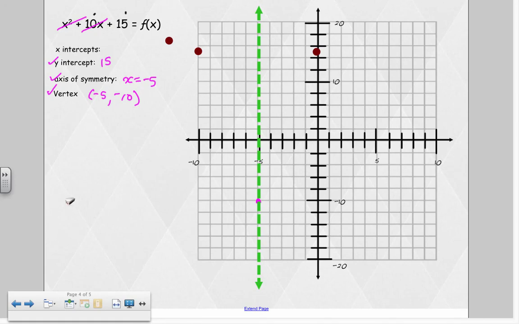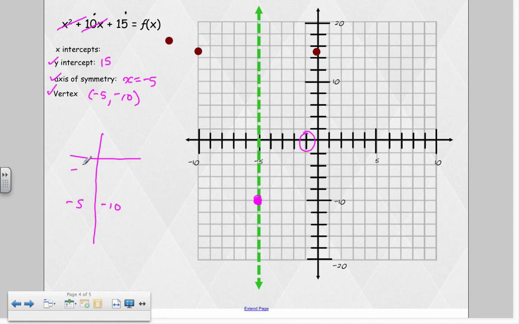So I'm just going to give myself a quick chart, all revolving around my turning point, (-5, -10). Do I have to put in the numbers right after it? No, I can make my life easy. I can put in negative 1.